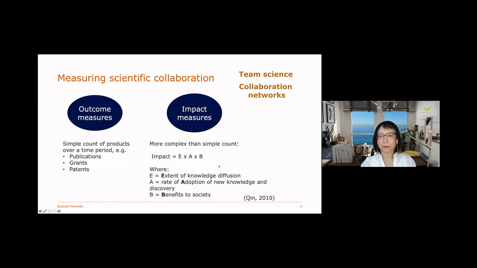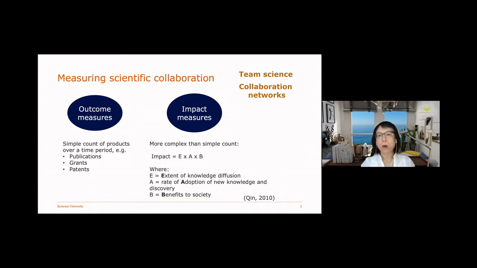I think everyone here has some background in science of science and research impact assessment, so I'll skip all those essential, fundamental stuff.